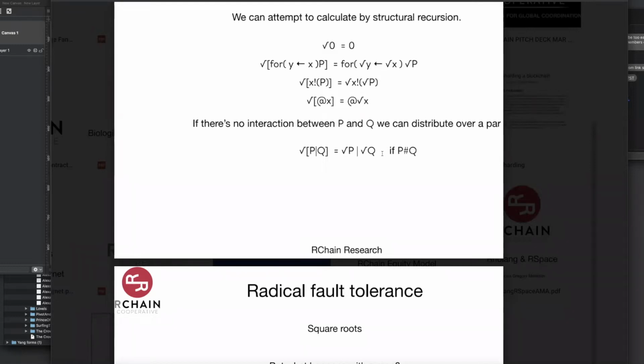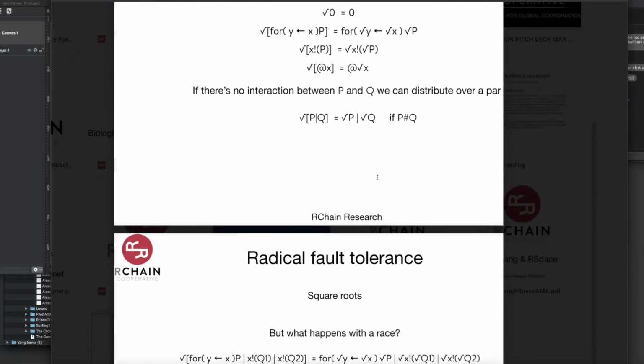And then because par is commutative, I get the square root of p par the square root of p par the square root of q par the square root of q, right? But the square root of p par the square root of p is bisimilar to p, and the square root of q par the square root of q is bisimilar to q. So we get that this thing squared is bisimilar to p par q. So that's all fine and good. That does the right thing.